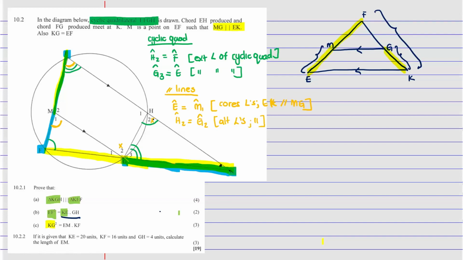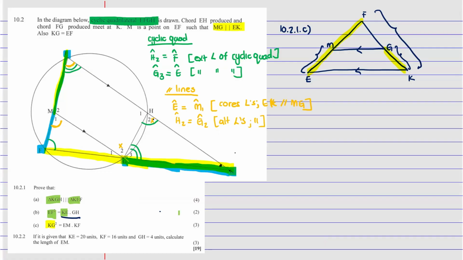Is everyone okay so far? Yes, ma'am. So every piece of information in terms of C is contained within this big triangle with parallel lines. So this is going to be 10.2.1C.